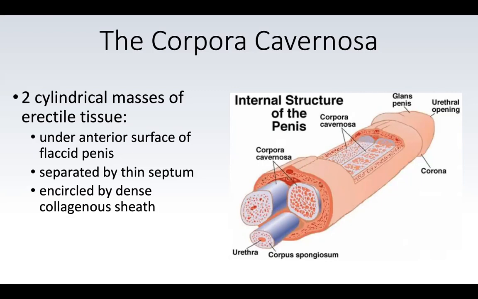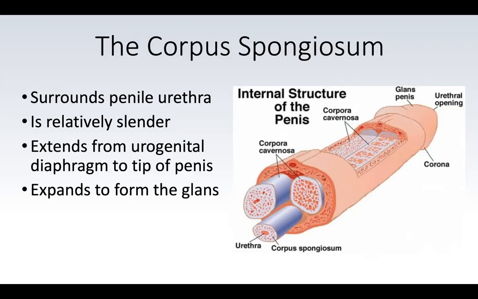This is what will change in orientation during the event of erection. Different from the corpus spongiosum, mainly because the corpus spongiosum is where you'll find the male urethra passing through. So the male urethra will only pass through the corpus spongiosum, not the corpora cavernosa.